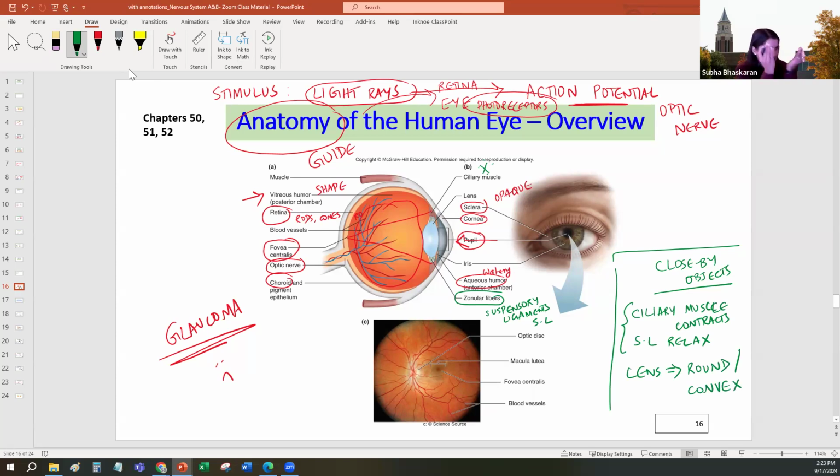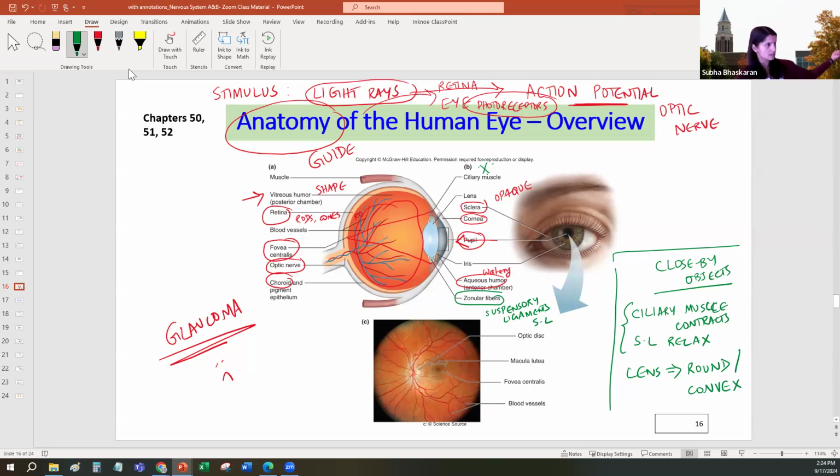All right. So if I see something very close, this is what happens to the shape of my lens. It becomes more curved or round. If I'm seeing a distant object, the rays are going to be parallel, yes or no? To accommodate a distant object, the lens will become more flat, right? Okay. So what happens to view distant objects?